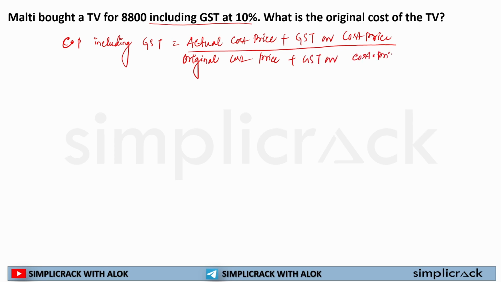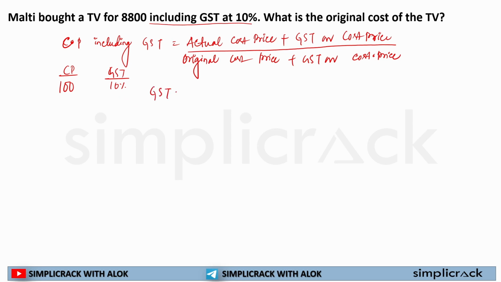Now, see, for an example, if I say 100 was my cost price and I paid 10% tax. For example, GST I paid 10%. That means I paid 10 rupees on every 100 rupees.